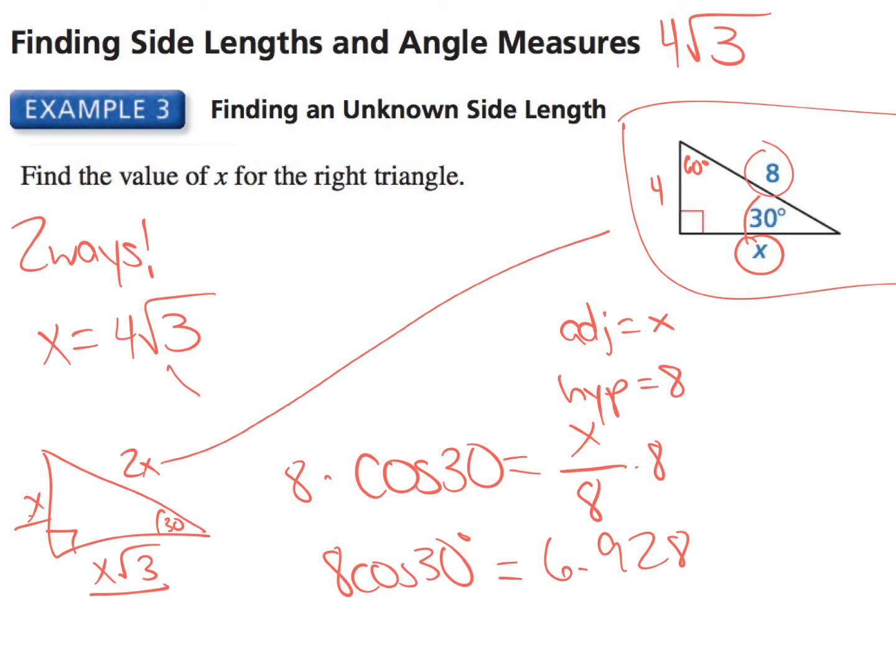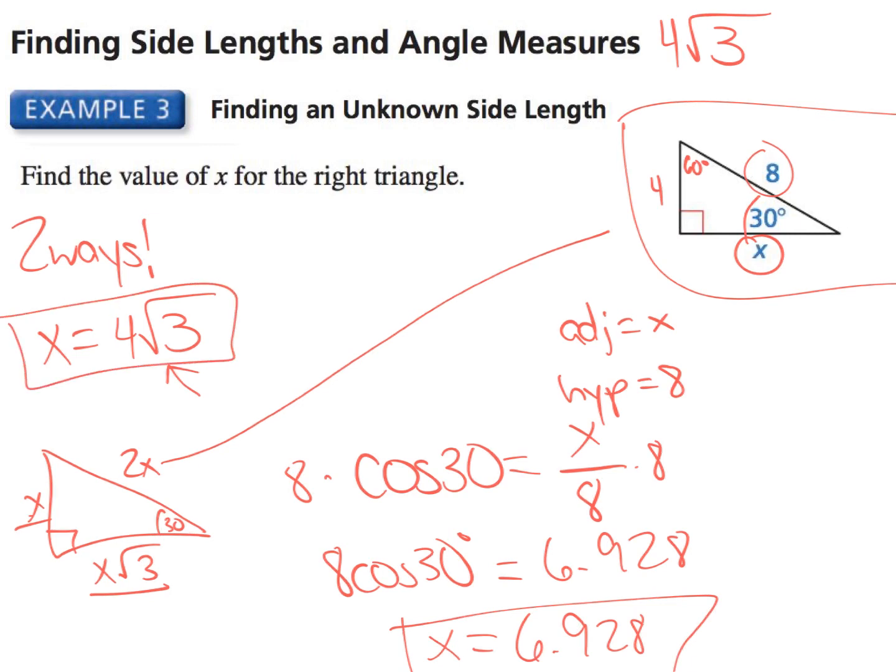If you go ahead and check it, 4 times the square root of 3 is 6.928, and so on and so forth. So you see that they are identical. However, this one says that x is 6.928 and gives you a decimal, which is not as accurate, but rounded, they are the same. Now, my preference is if I don't have to use a calculator, I'm not doing it.